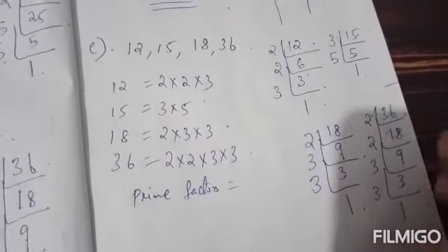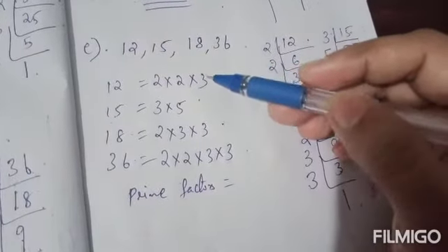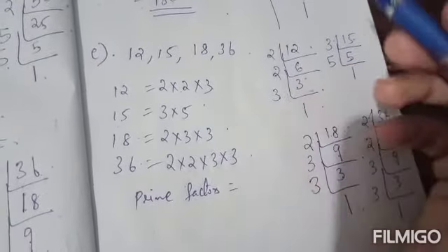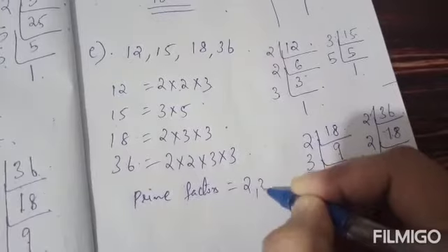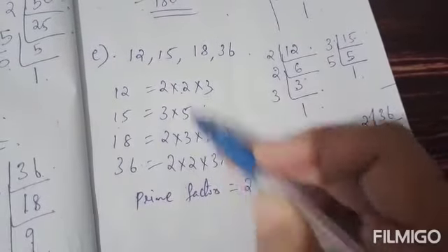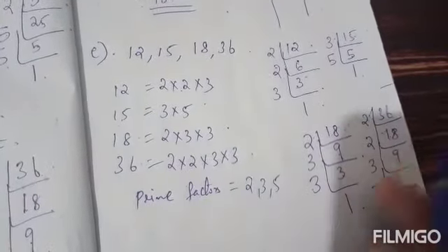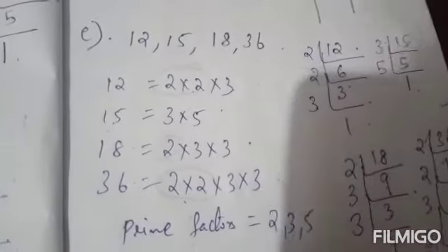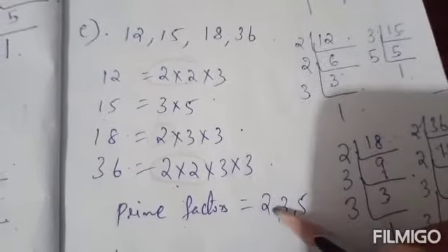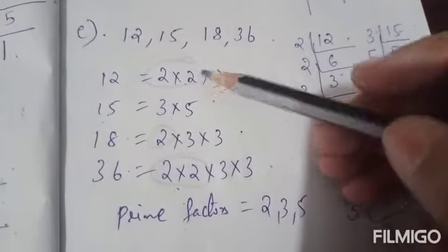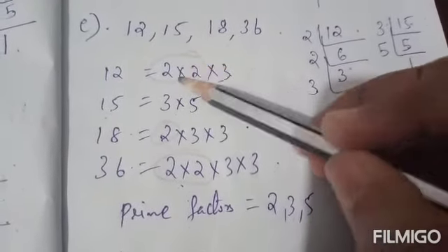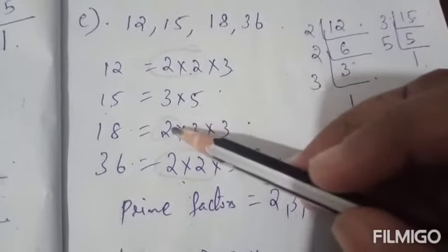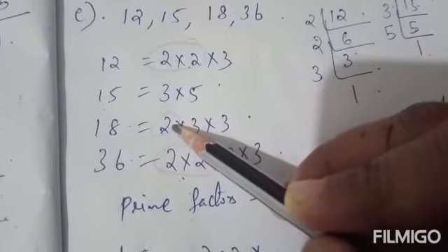So the prime factors used here are 2, 3 and 5. Now finding the LCM, first prime factor, it is 2. 2 is coming 2 times in 12. 2 is not coming in 15. 2 is coming 1 time in 18.